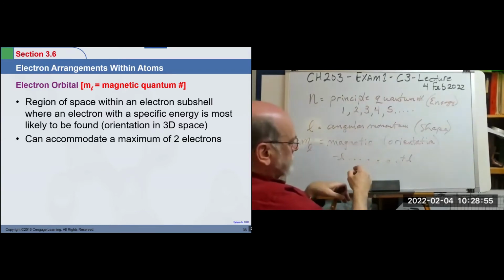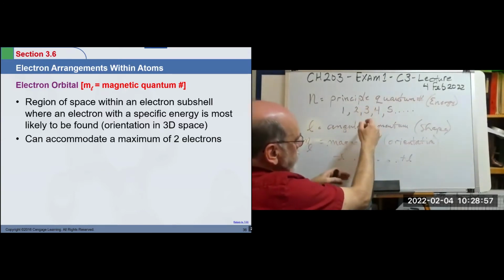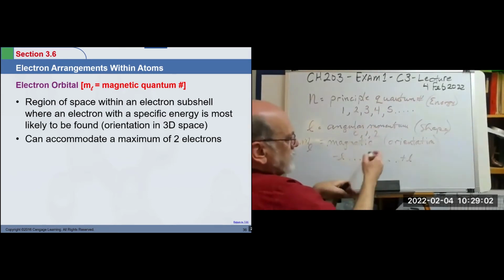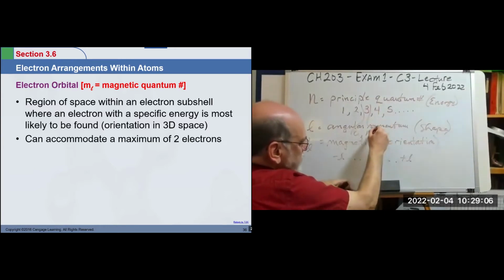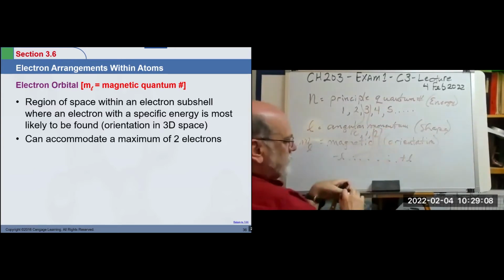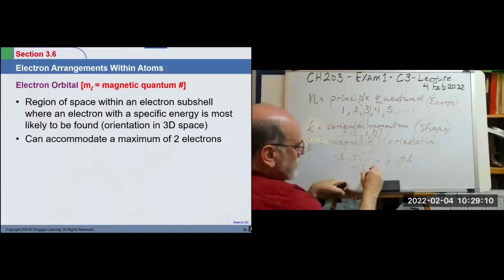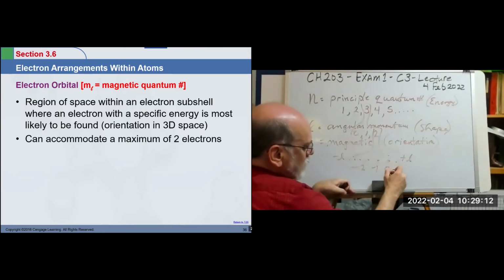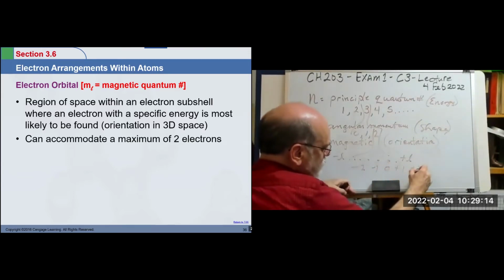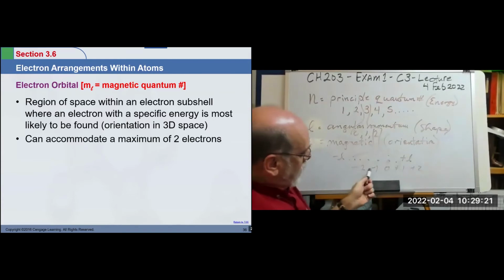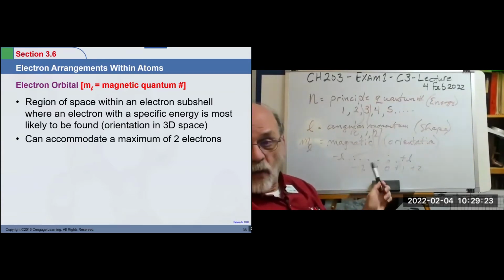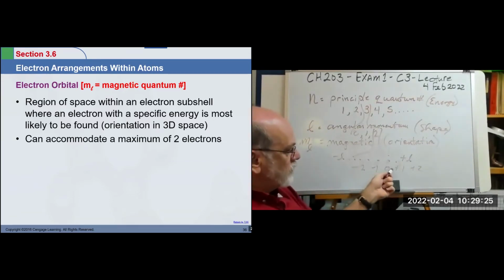Let's say it's 3. So we have 3 here, and that means we can have 0, 1, 2. So now let's take this one and expand it here. 2 can be minus 2, minus 1, 0, plus 1, plus 2. So you start with minus 2 and go up, incrementing by 1: minus 2, minus 1, 0, plus 1, plus 2.